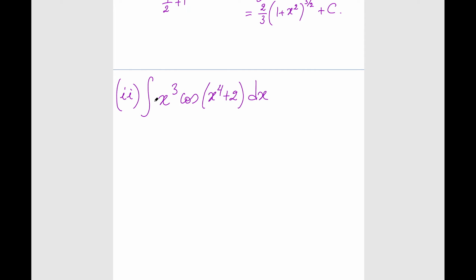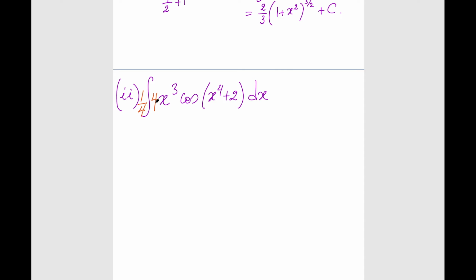But look, the 4 is not a big deal. I can introduce it and simplify it. So this becomes my U, and this 4x cubed dx is my du, okay? That multiplicative constant is not a big deal.